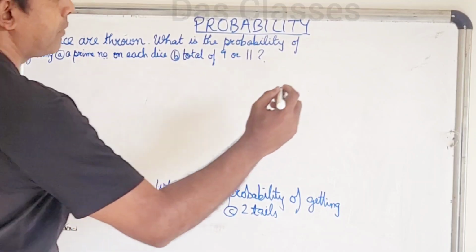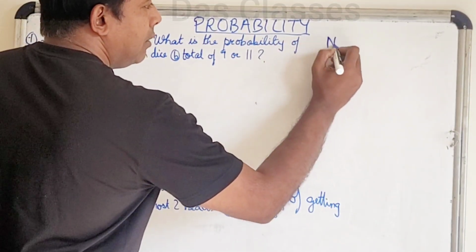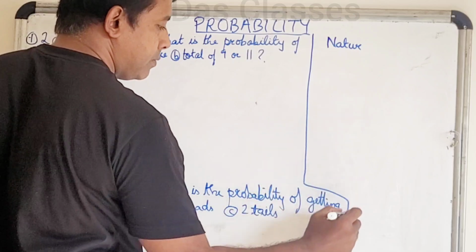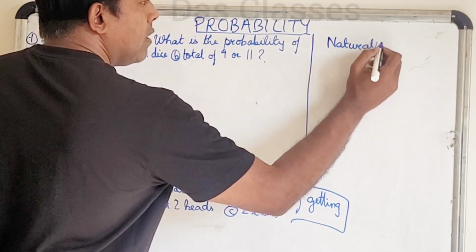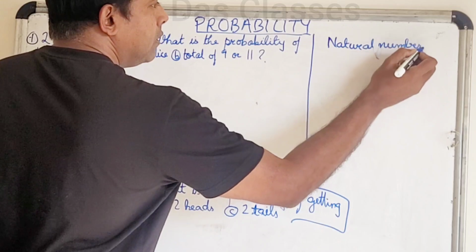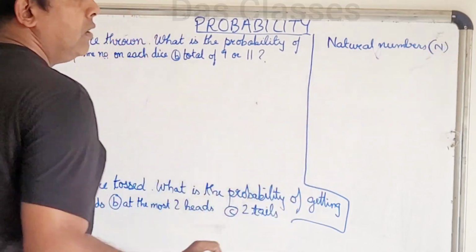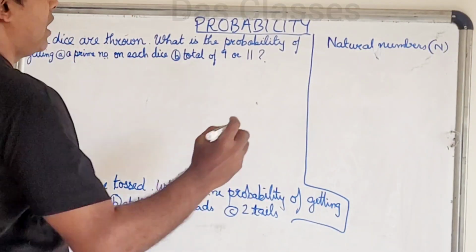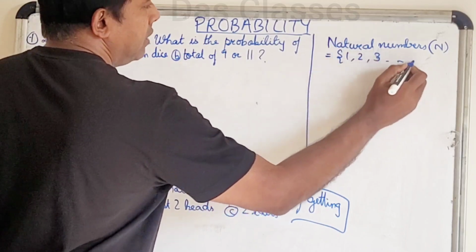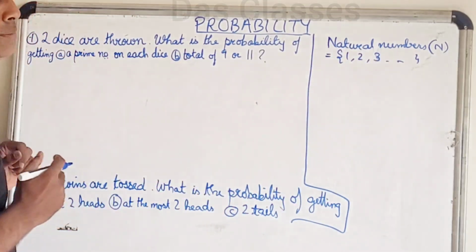That is, natural numbers. Whenever I say natural numbers, we start from the counting numbers, that is 1, 2, 3, and it continues till infinity.